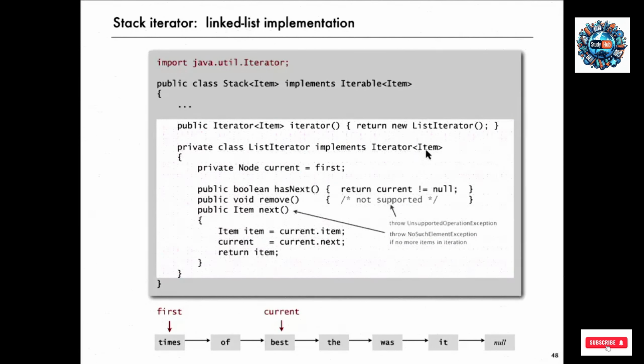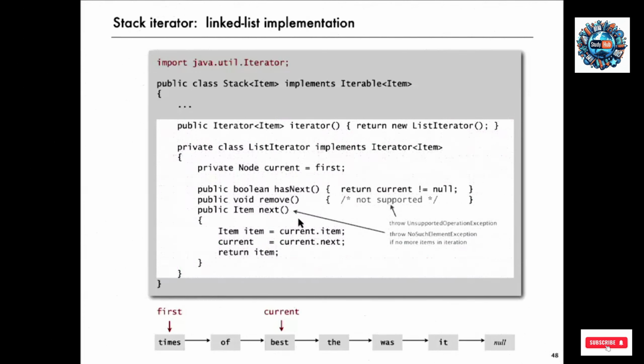Basically what this has to do is implement the methods hasNext and next. The semantics is clear from the names. hasNext is supposed to return false if we're done, and true if we're not done. And next is supposed to give the next item in the iteration.